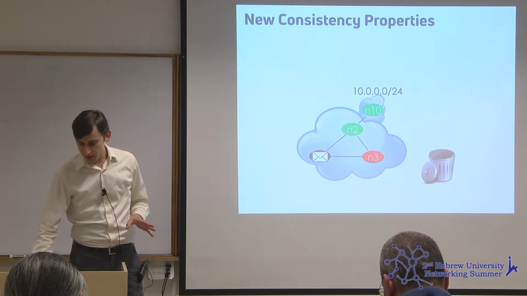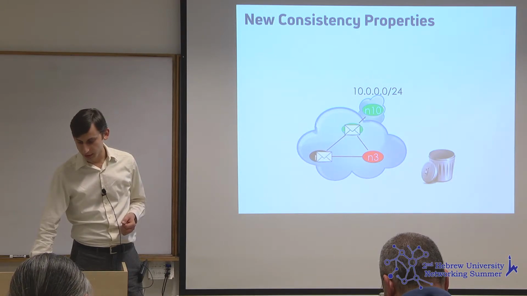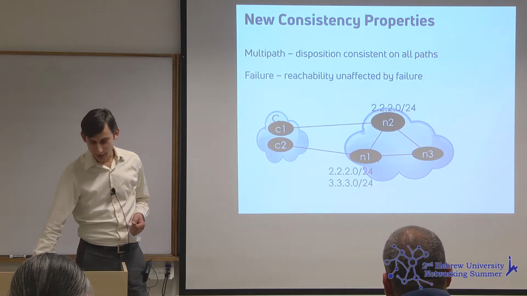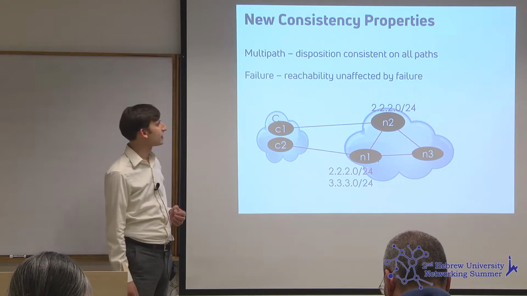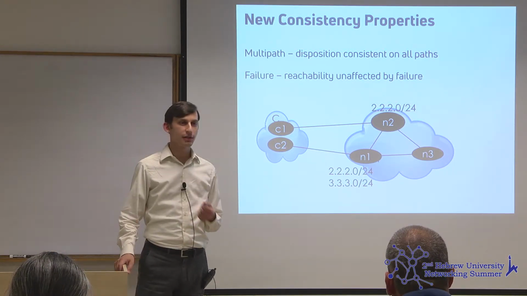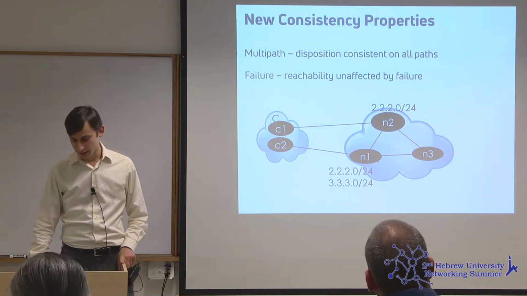Okay, so also in this paper, the properties they tested were some interesting ideas. I just told you about this multipath consistency property. You want to know if packets could travel multiple paths and different things end up happening to them. Failure consistency is basically saying you can take down a link and you're still reachable to destinations.